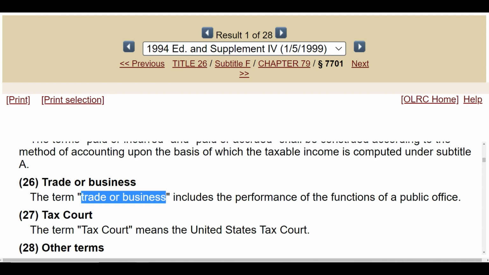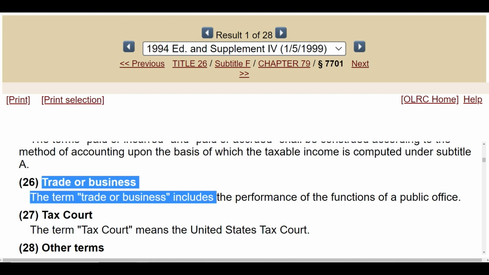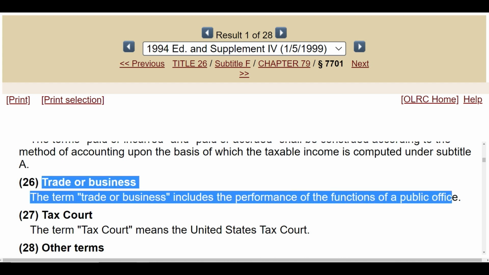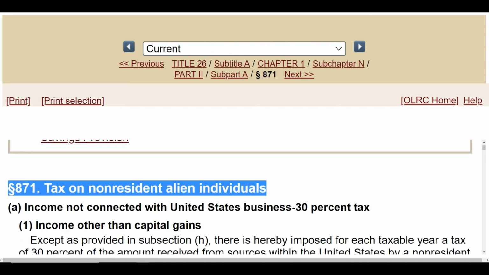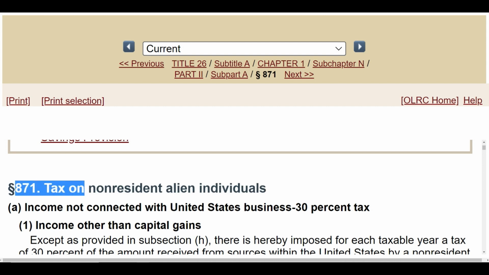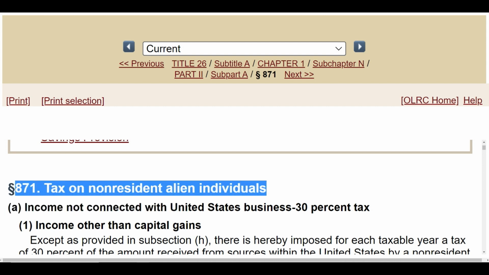The definition in 7701 of the Internal Revenue Code defines trade or business as including the performance of the functions of a public office. Federal government workers are involved in a trade or business, not you as a small business owner. And Section 871, which we read earlier, notes it's a tax on non-resident alien individuals.